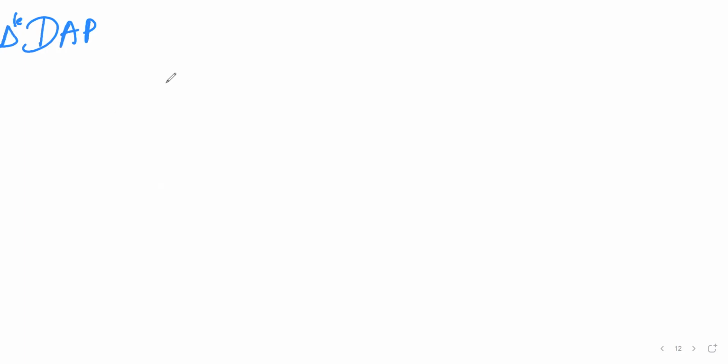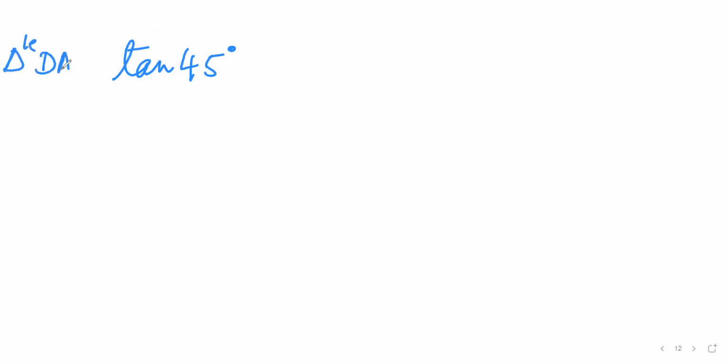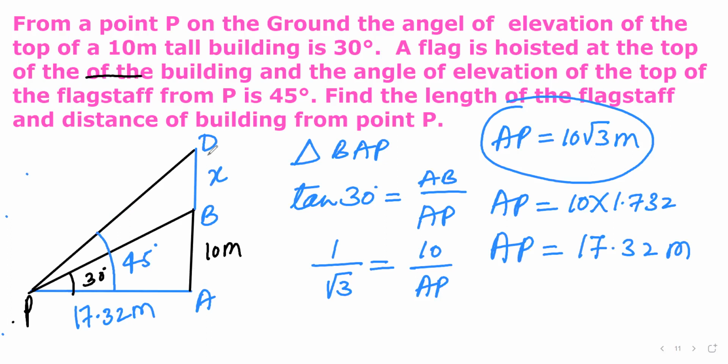From the triangle DAP, that is tan 45 degree equals again opposite, which is opposite here, AD divided by AP.